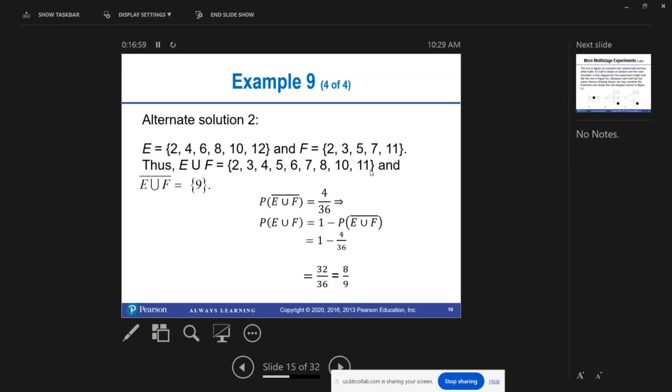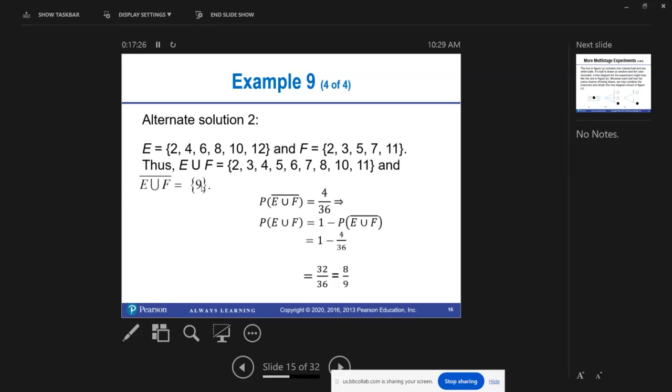I'm going to go back and fix that so it'll be fixed on your PowerPoint. So when you put these together, the only number that's missing is 9.